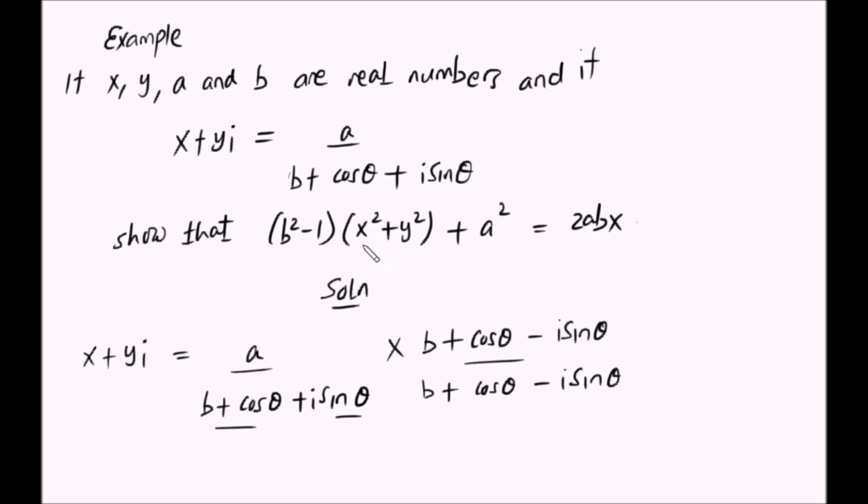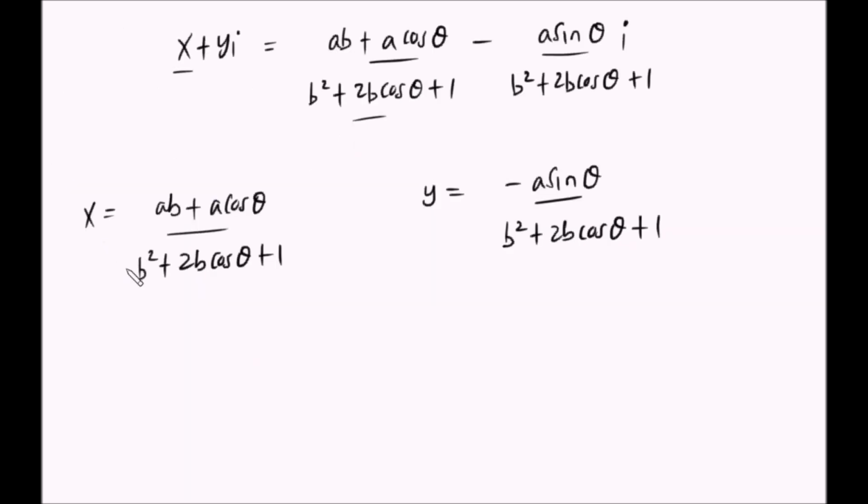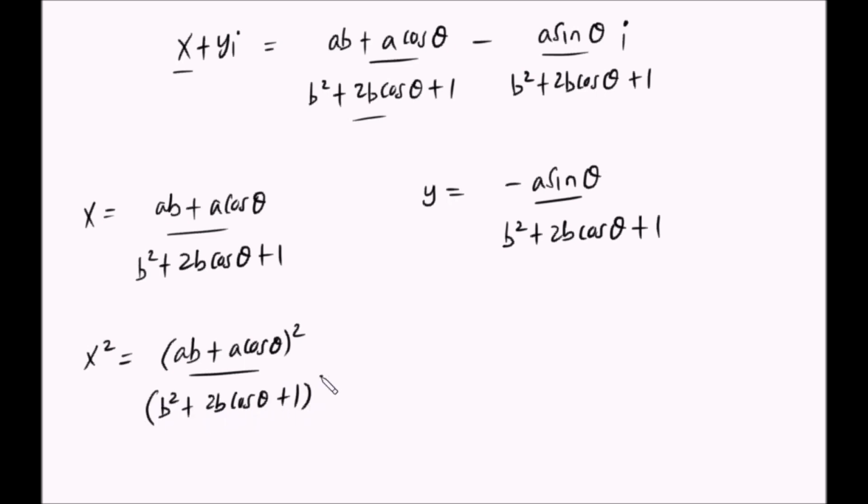So from here we need to find this x squared plus y squared. So where we have stopped now, x squared is equal to what? It is the square of the numerator, then squared with the denominator. While y squared is the square of this numerator, which will be a squared sin square theta. Notice once you square, the negative becomes positive, then squared with the denominator.